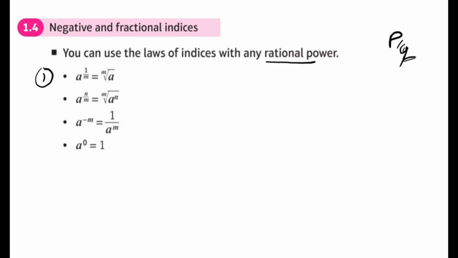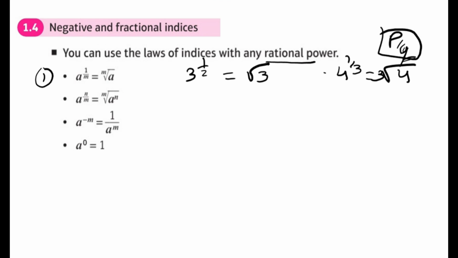Rule number 1. If the power is 1 over n, we can write it as a root of the base. If I have 3 power half, the half power is the square root of 3. If I have 4 power 1 over 3, I can write the cube root of 4.